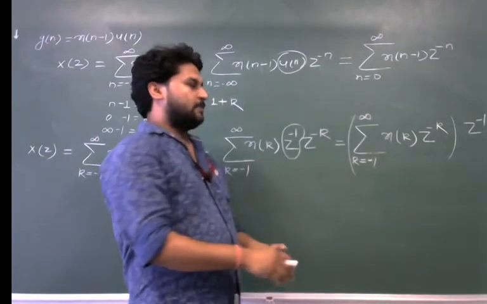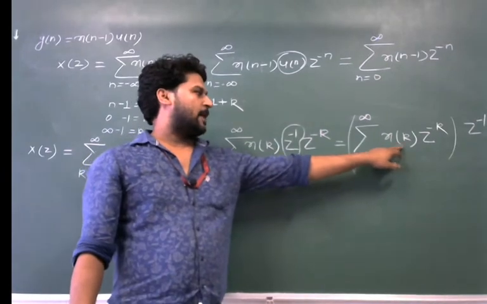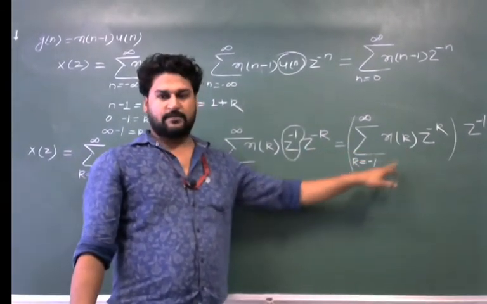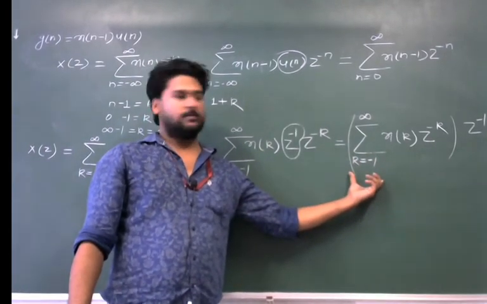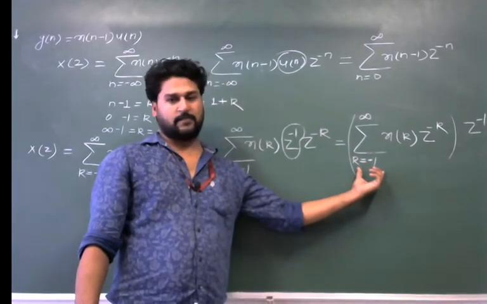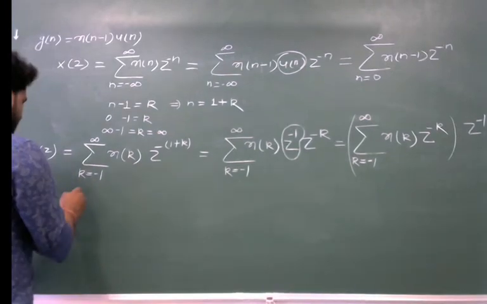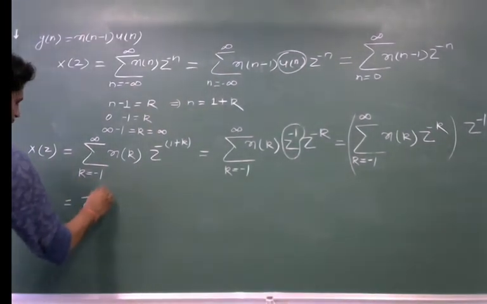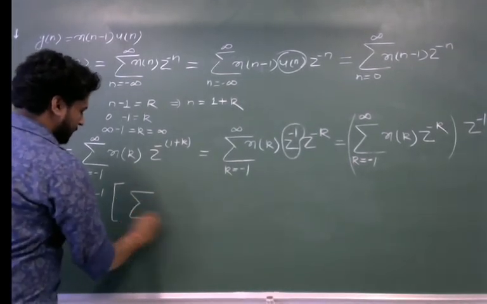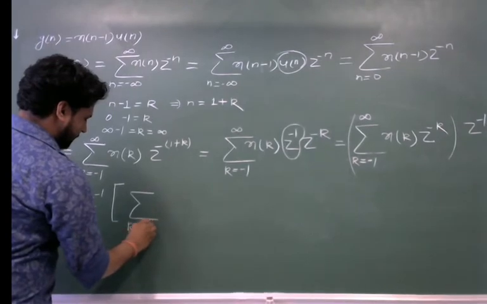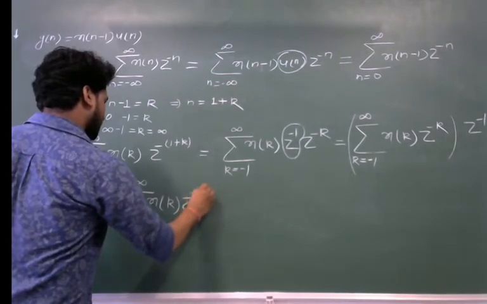If the limit is from k equal to 0 to infinite here, then this will become x of z. When the limit is from 0 to infinite, this will become x of z. But one extra term is here, which is at k equal to minus 1. This term is extra, so I can write it as z power minus 1 into sigma, k from 0 to infinite x of k z power minus k.